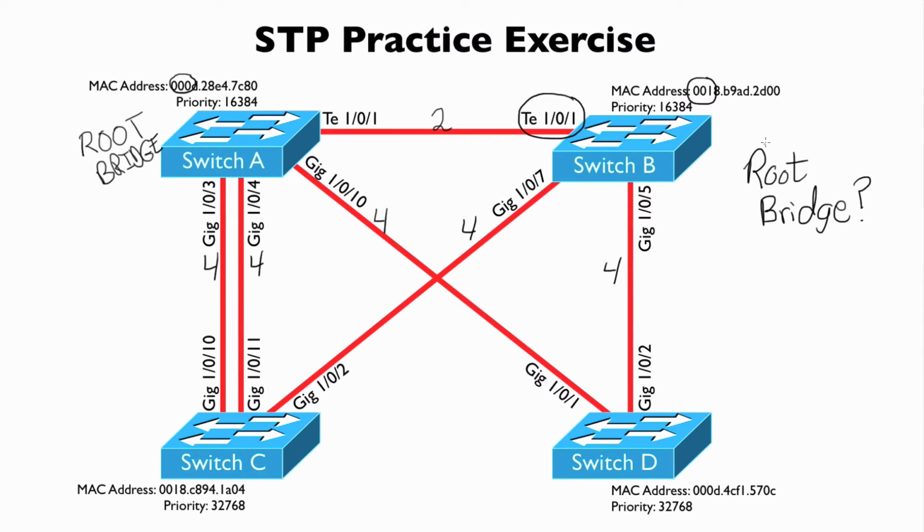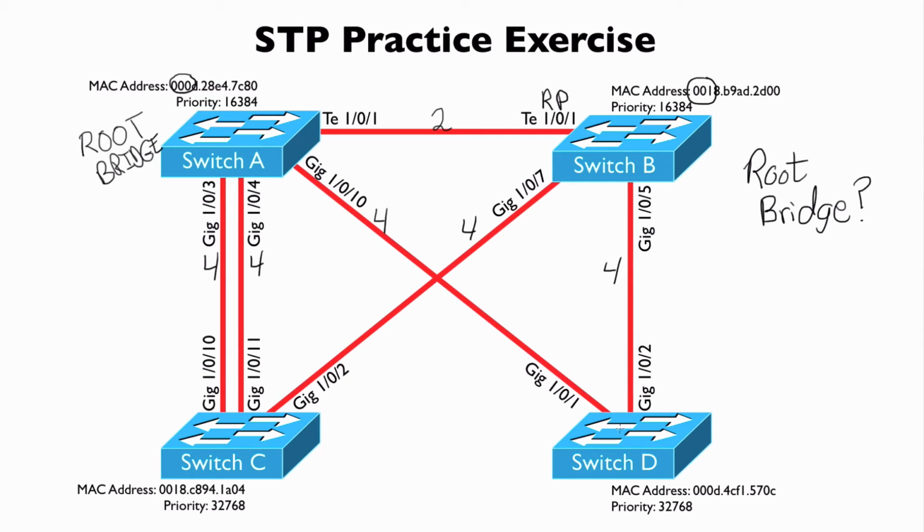Same thing if I go out of gigabit 1/0/5. It's a cost of 4 to get down to switch D, and another cost of 4 to get up to switch A. That's a total of 8. It's much less costly just to use the 10 gig 1/0/1 port. That's our root port. Let's label it. This is our root port. I'll do an RP for short.